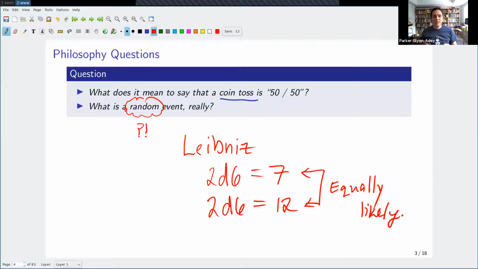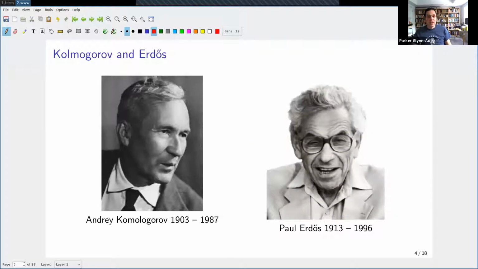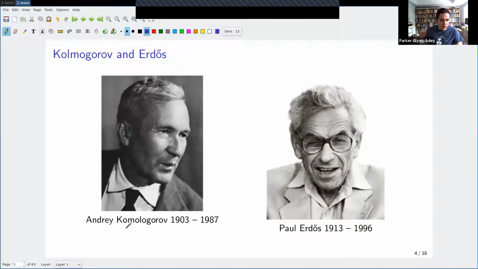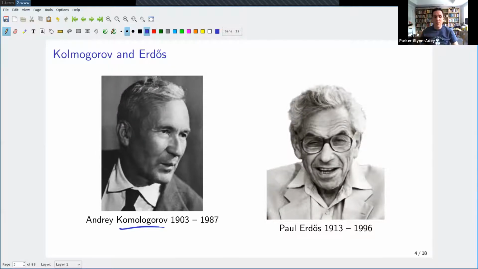And it took a long time to come up with a mathematical formalization of what probability really means. So we're going to talk about two characters in this story of probability. Andrei Kolmogorov was the first mathematician to come up with a mathematically rigorous theory of probability.